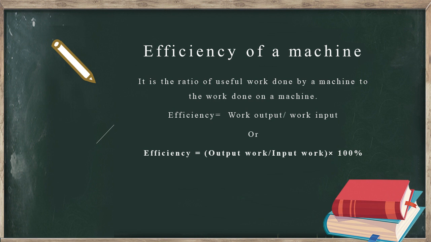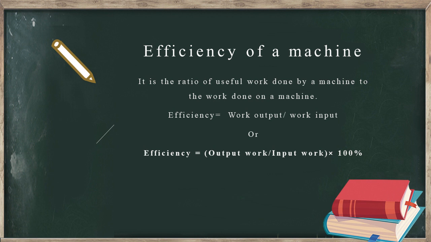What does the efficiency of machine mean? Children, efficiency is the ratio of useful work done by a machine on the load to the work done on the machine by the effort. So according to the formula, efficiency is output work by input work.